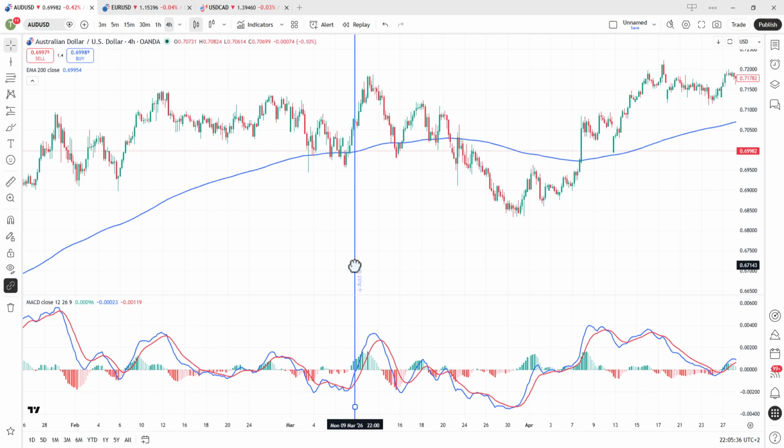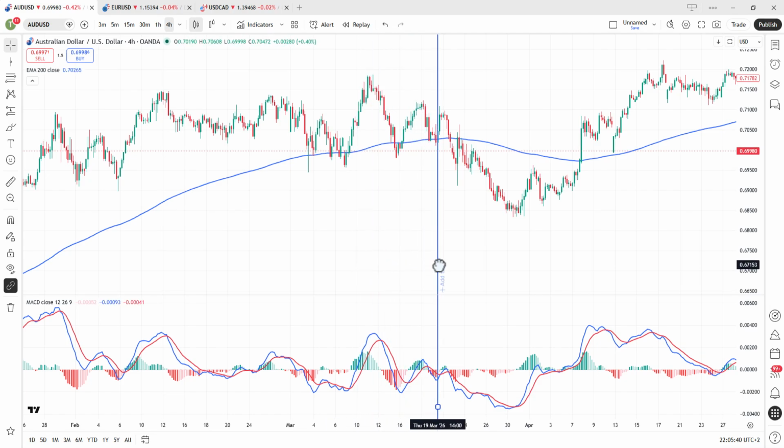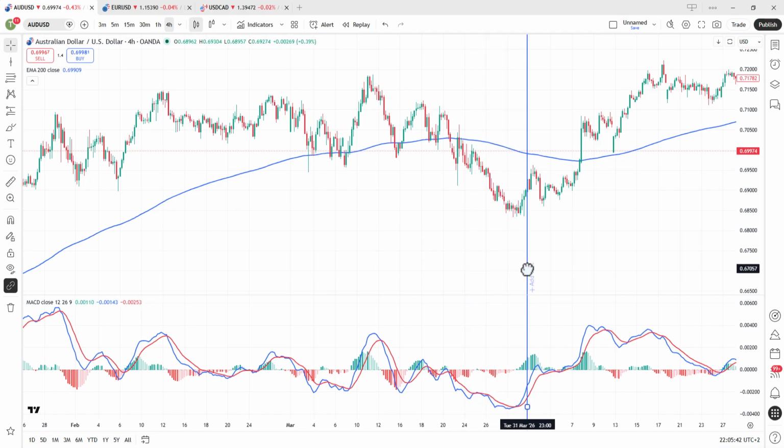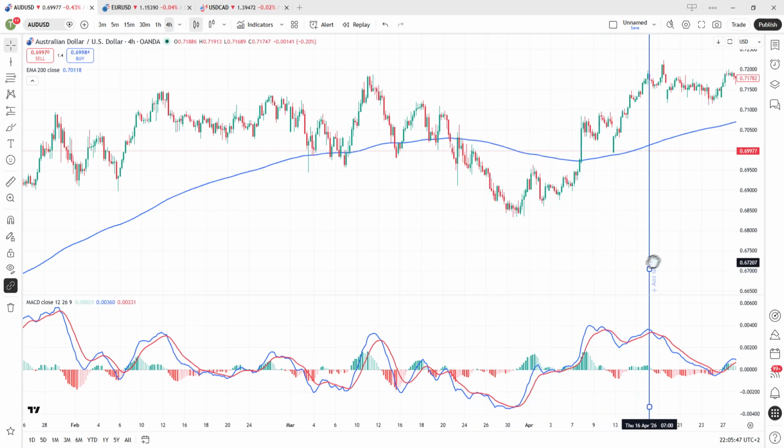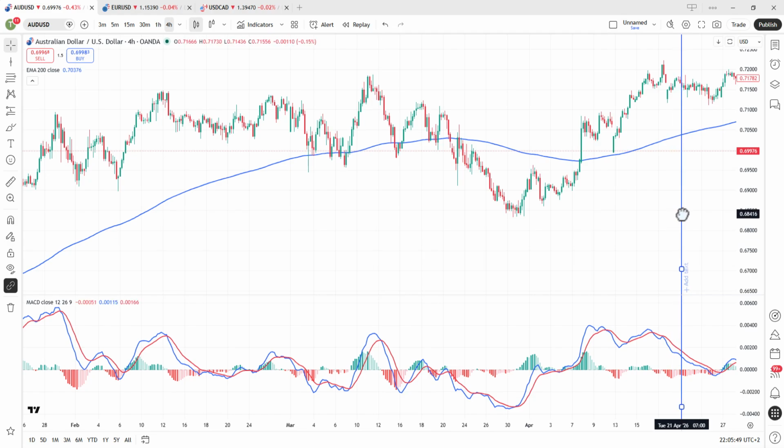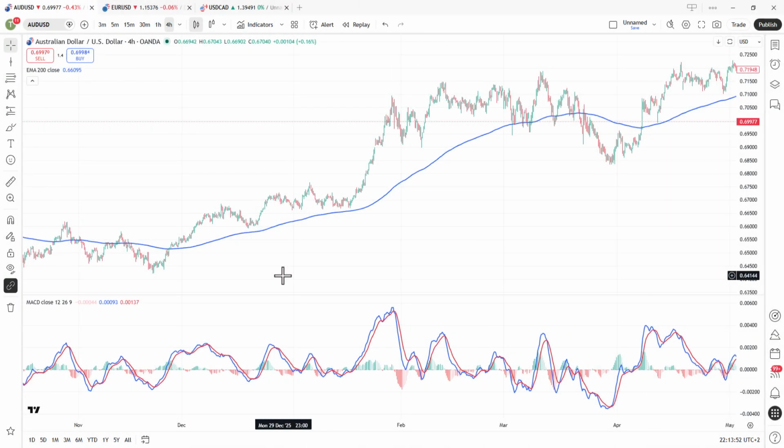And then we have some buy signals here. Not all of them have been filtered out, but basically if we have a buy signal that occurs when the price is below the 200 period moving average, then we do not take it. This is what the strategy looks like so far. We have the MACD indicator and a 200 period moving average.